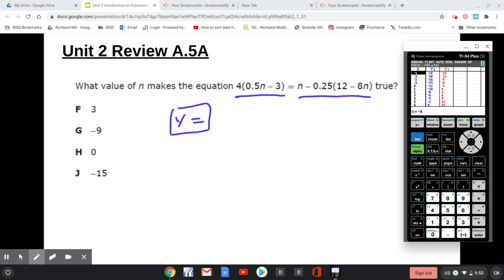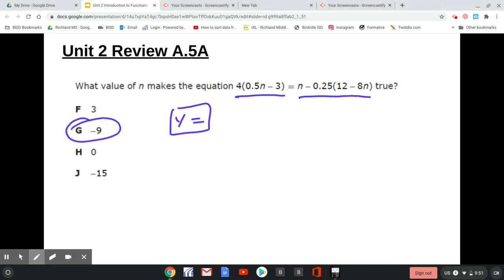When x is -9, I can see we have -30 and -30. So your answer is G. If you did substitute that in for n, you would see that both sides equal.